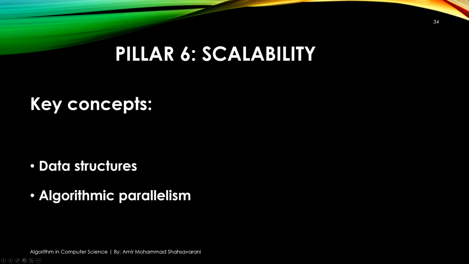The second key concept, algorithmic parallelism, refers to techniques used to execute multiple tasks concurrently, simultaneously, at the same time, taking advantage of multi-core processors or distributed computing environments.